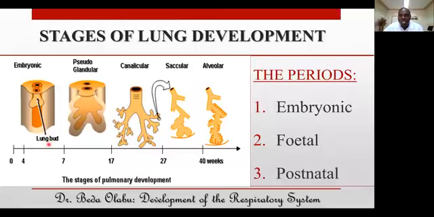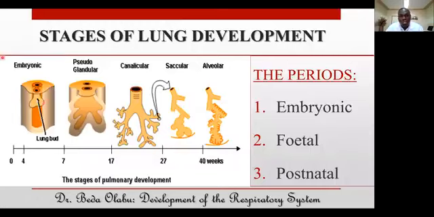So the embryonic stage of development is the period when the respiratory diverticulum forms, and at the lower end of the respiratory diverticulum, we have formation of the lung buds, the right and the left lung bud. That is the embryonic stage of development.